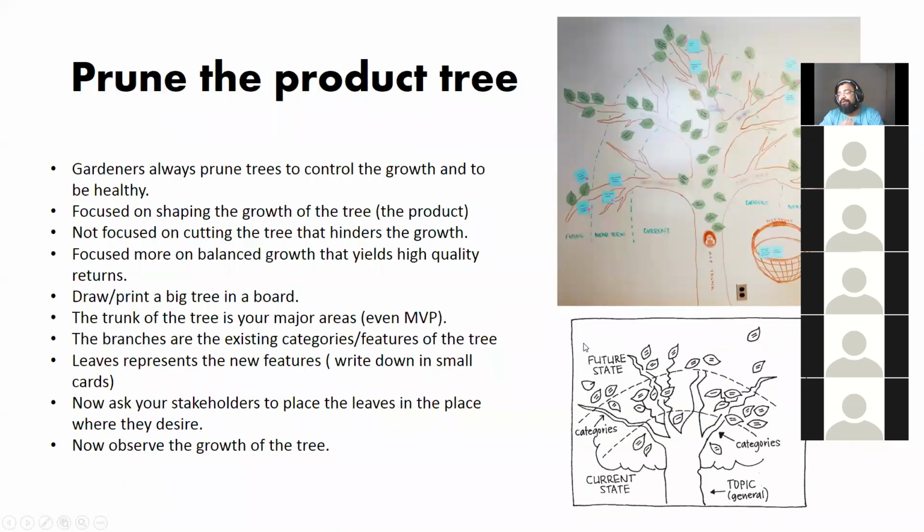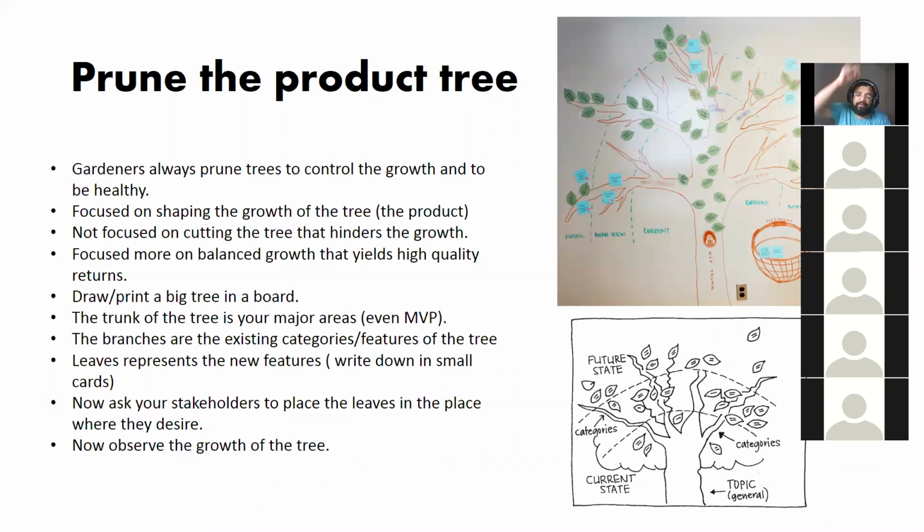Then pruning the product tree, and someone wrote it as a walking skeleton, which is kind of the same. What we focus on here is that we are the gardeners. We have all the requirements, similar to your story mapping, and we place them. Is it mandatory? If it is mandatory, this is the place. If it is a future thing, we can do it later.